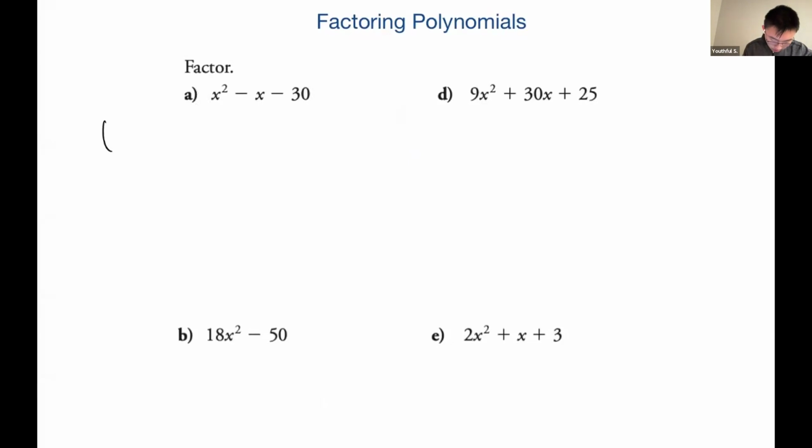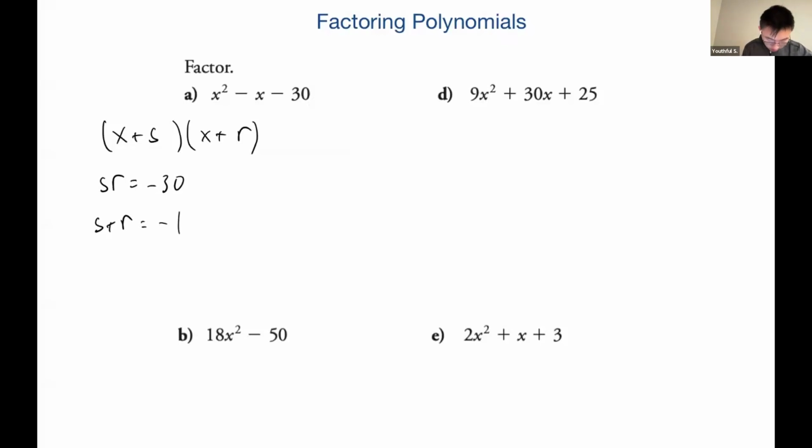So we know that the factored form is going to look something like this, where s and r are constants. And s times r needs to equal the constant here, and then s plus r needs to equal the -1 coefficient.